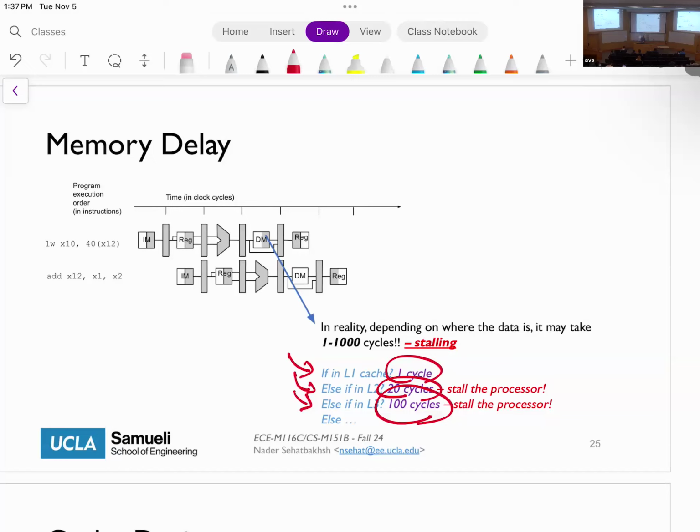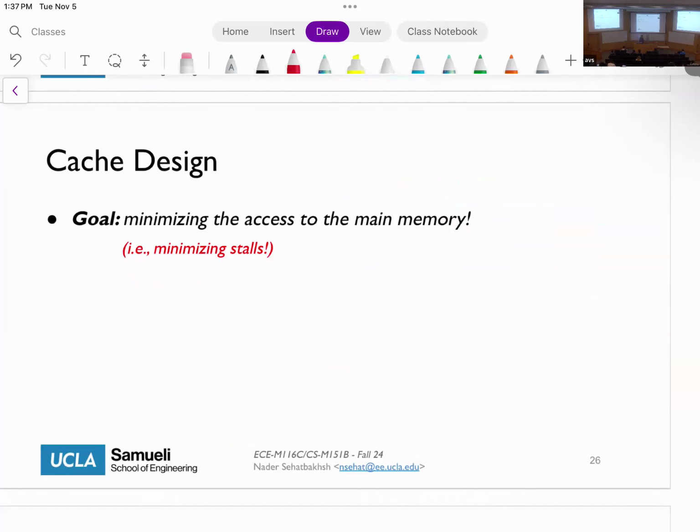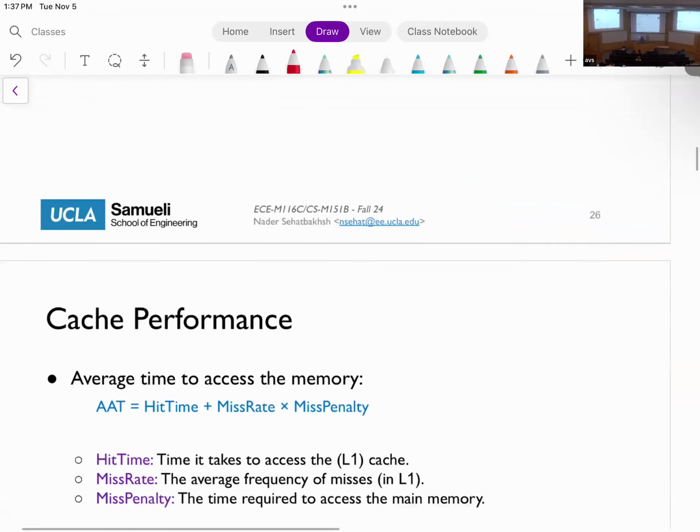So in order to improve the performance, not just your memory system performance, but the overall performance, you want to be able to provide the data back to the processor as fast as possible, okay? So the goal basically is minimizing the access to the main memory. In other words, providing the data back to the CPU as fast as possible, okay?